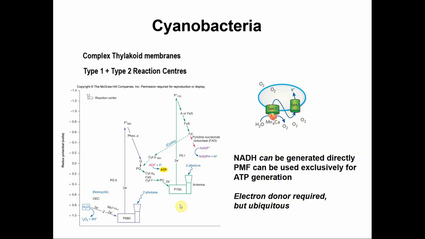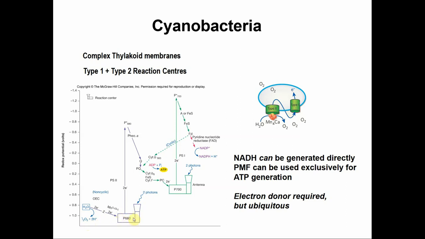So what is happening here is you have the two photosystems working one after the other. In the beginning, an oxygen evolving complex will remove 4 electrons from 2 molecules of water to produce a molecule of oxygen and 4 protons.